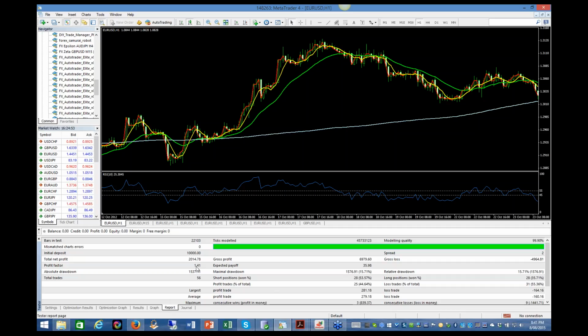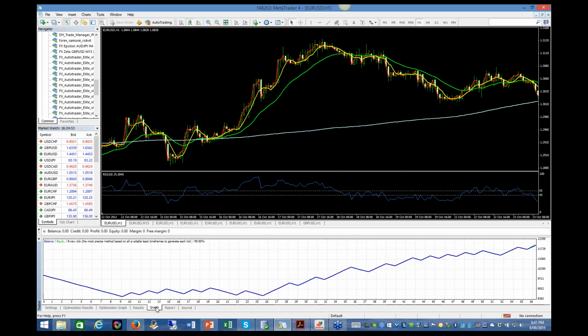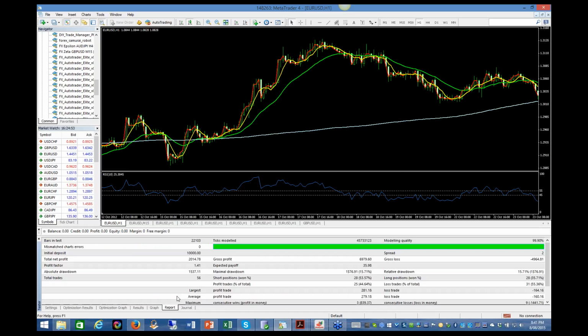It's not going to make you rich, but nor is it going to break your bank. At least we went as low as about 15%, but for a long period we have been in a winning streak, and the number of trades is 56. So again, we've only just done over one trade per month.